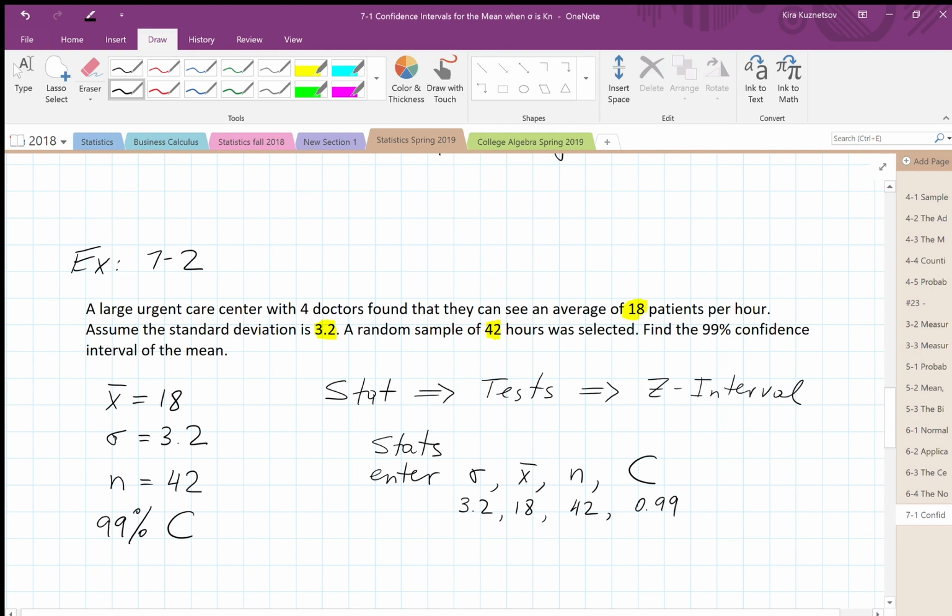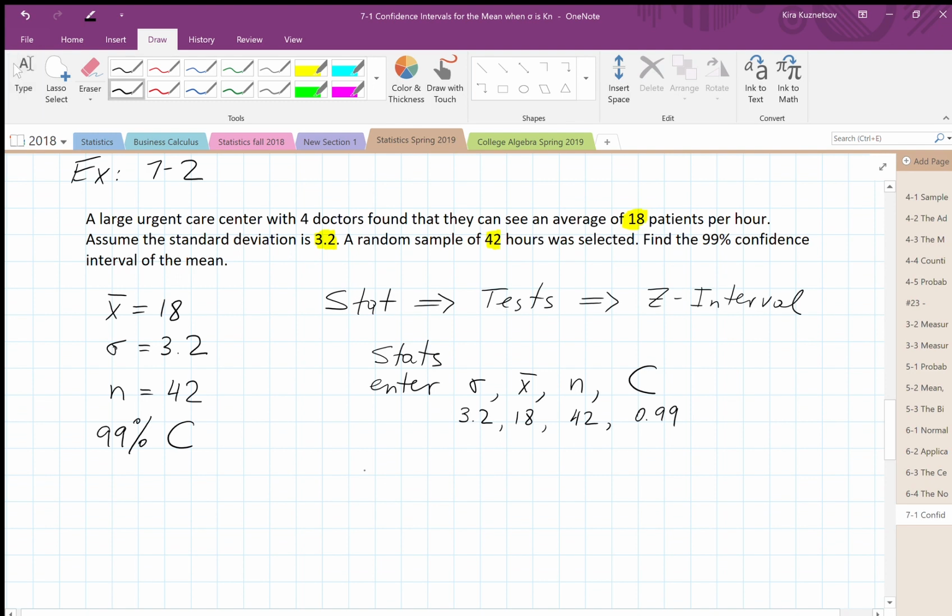If I push calculate, it just spits it out. I have 16.728, comma, 19.272. And now I'm going to ask you a question: what is the unit? The unit should be, it's an average of 18 patients per hour, so we are talking about a unit that's a patient.